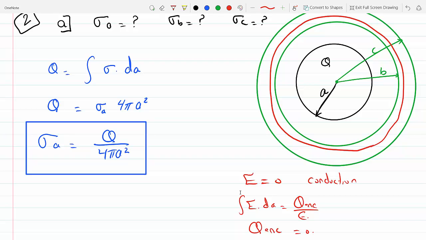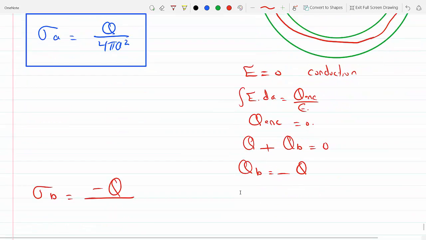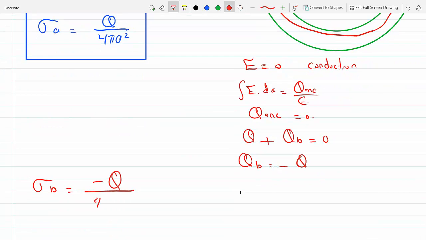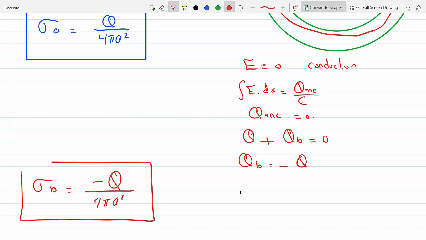A? The inner one is A, yeah. So over A squared. So this would be sigma B.